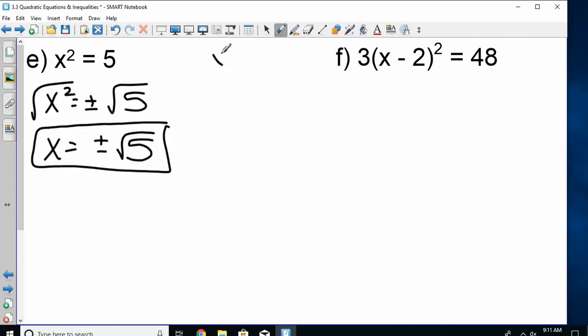Now, if it had been like x squared equals 5x, could you have just done the square root? No, because there are x's in more than one place. The only reason we were able to just square root is because in the original problem I just had a single term with an x in it, so I could just get that x by itself.